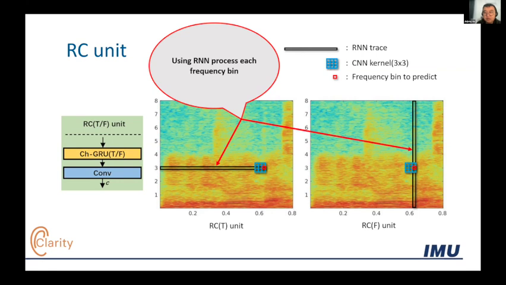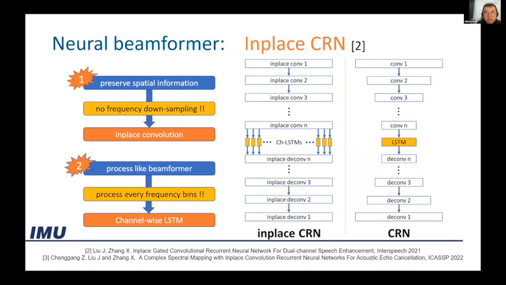This approach of respectively processing each frequency bin actually comes from our previous work, the in-place CRN model. As we know, in a common CRN model, the downsampling operation in the frequency dimension is crucial for better full-band spectral modeling. But the former processes each frequency bin and forms beam patterns for different frequencies respectively.